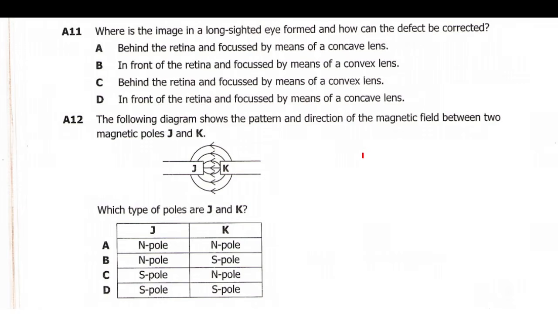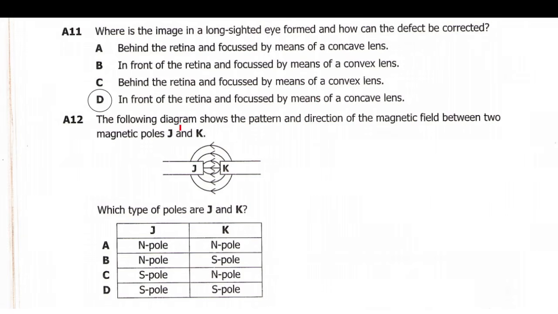So here we said in front of the retina and focused by means of a concave lens. Yes, a concave lens, so the rays are made to converge at a longer distance. By doing so, they are allowed to converge at the retina where the image is seen.